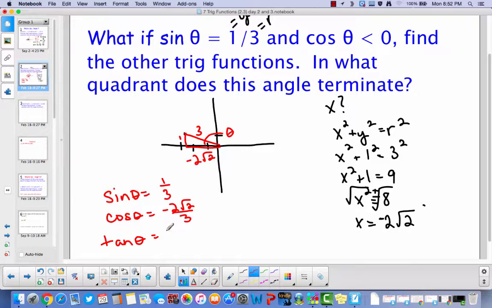So tangent is, excuse me, our y value over our x value, 1 over negative 2 square roots of 2. Now, we really shouldn't leave it like that, so we're going to multiply top and bottom by the square root of 2. And we get the square root of 2 over negative 4.